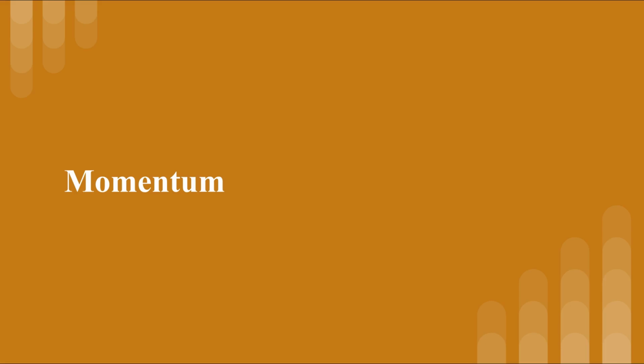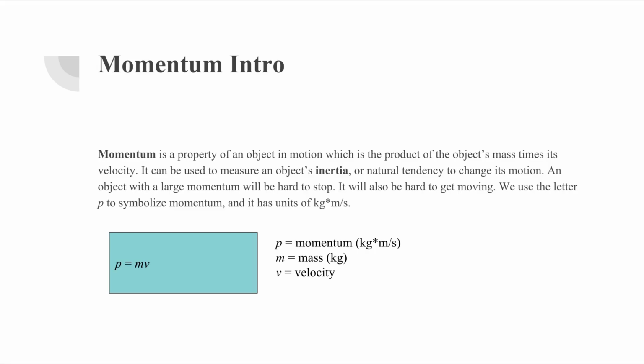So momentum. It's probably our last topic. Here's an introduction to momentum. Momentum is a property of an object in motion, which is the product of the object's mass times its velocity. It can be used to measure an object's inertia, or natural tendency to resist a change in its motion.